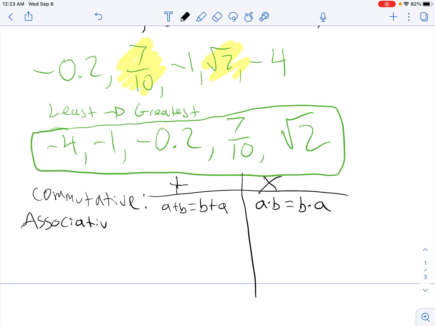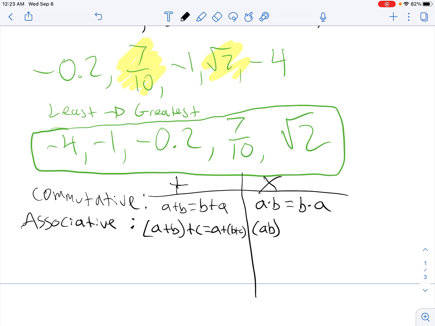Now the associative property is very similar, but this one uses grouping symbols, aka parentheses. So again, I could do A plus B in parentheses and then plus C, or I could do A plus B plus C with the parentheses around B plus C, and I'm actually going to get the exact same answer.